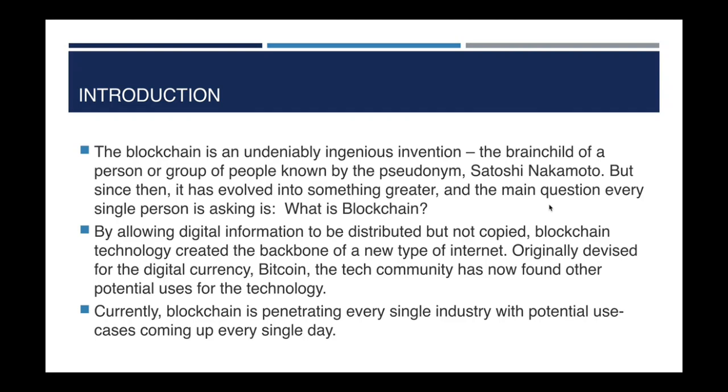Bitcoin, as we already know, was originally devised for digital currency exchange. After that, we came to a conclusion that blockchain can be used for other use cases as well.